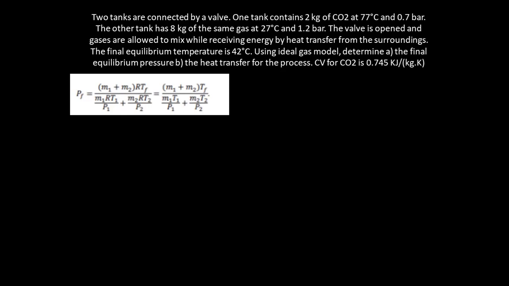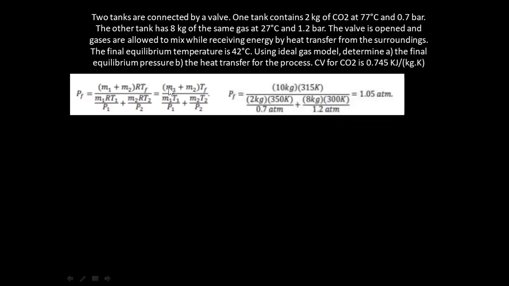Now, if we're going to substitute the following variables, PF is equal to 10 kilograms multiplied with the equilibrium temperature, absolute. When we say equilibrium temperature absolute, we're going to convert it to Kelvin or Rankine.